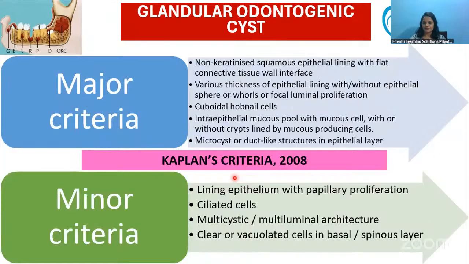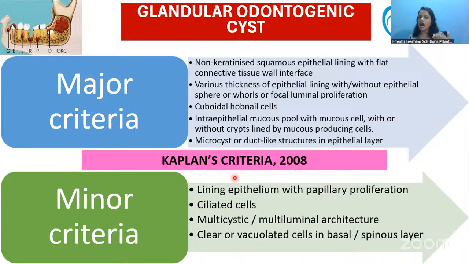There are some major and minor criteria for diagnosing this glandular odontogenic cyst. It was given by Kaplan in the year 2008, and it is called Kaplan's criteria. Whatever we mentioned now, like the non-keratinized epithelium, the hobnail cells, the intraepithelial mucus pooling microcysts, and the clear or vacuolated cells, are all there in Kaplan's criteria.